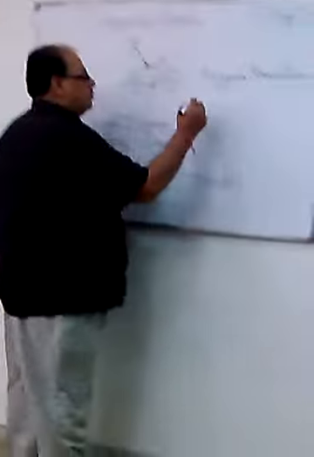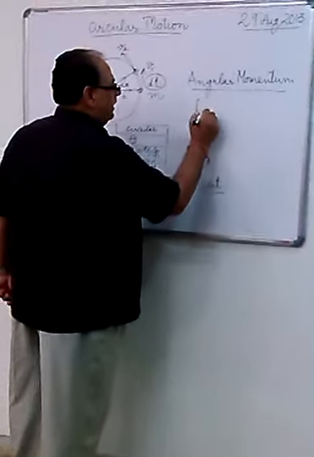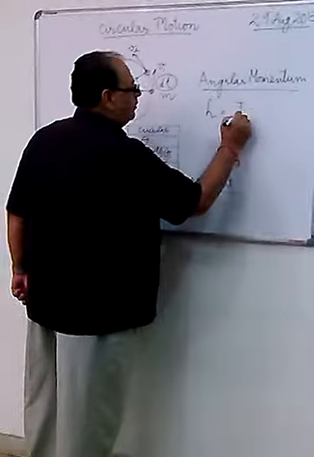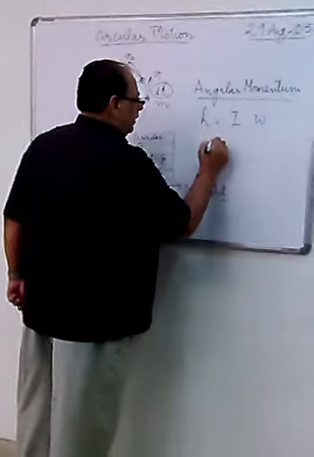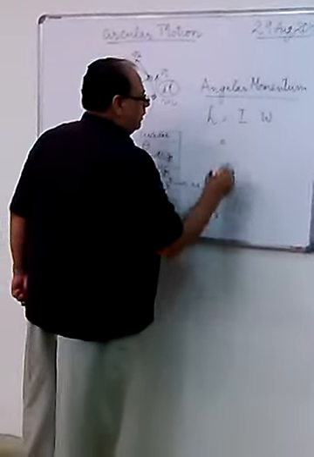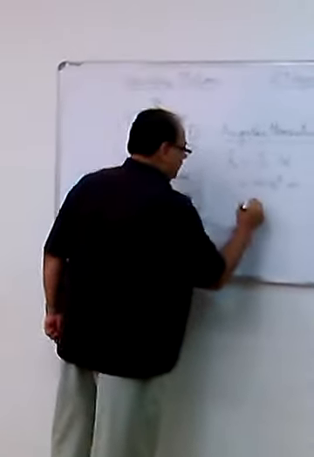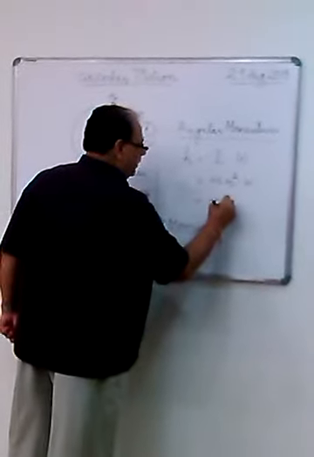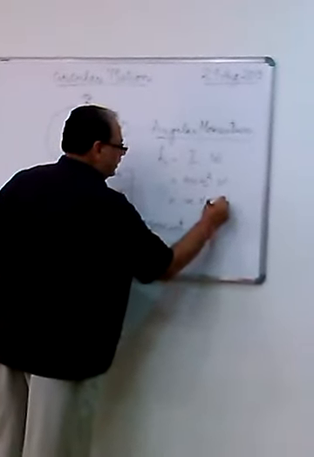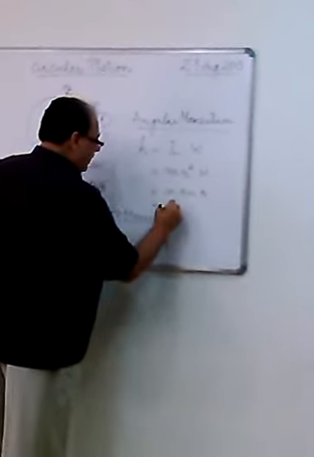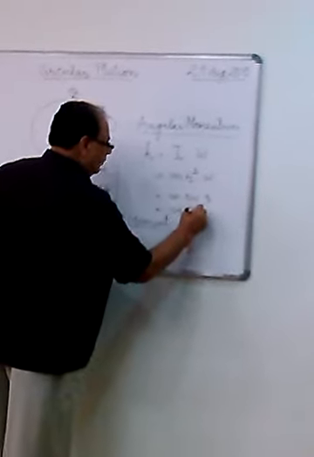Now, let's try to break this up. Angular momentum L is I into omega. I is m r squared, so L is m r squared omega. I break it as m r omega into r, which is m into v into r.